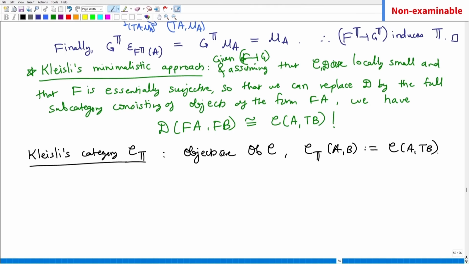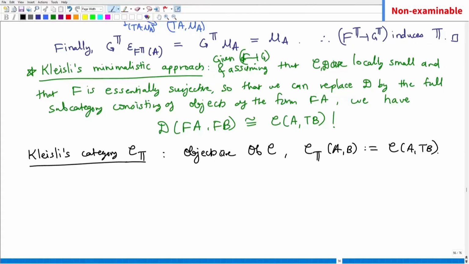C_T is now playing the role of D in the above expression. So C_T of A comma B is C of A comma TB. However, as soon as we say this, there are so many things to verify. How do we compose? If you are given a map from A to B and B to C, how do we compose? I have to describe all those things to you.